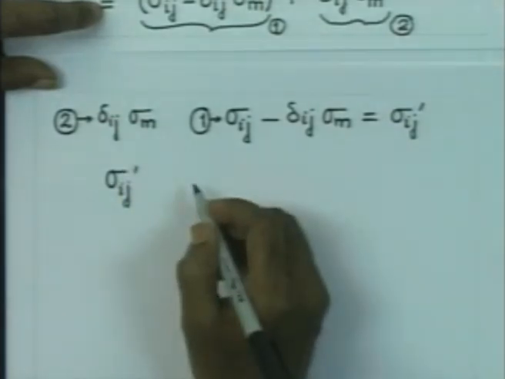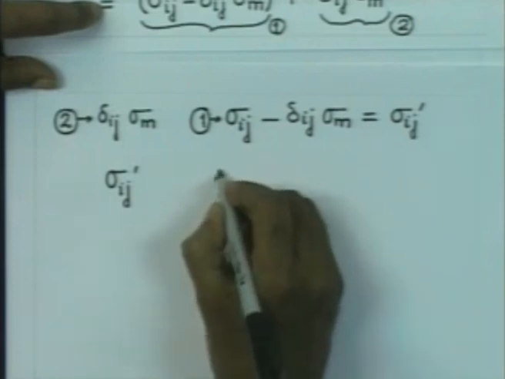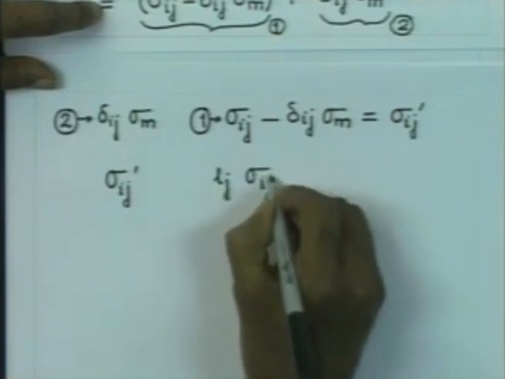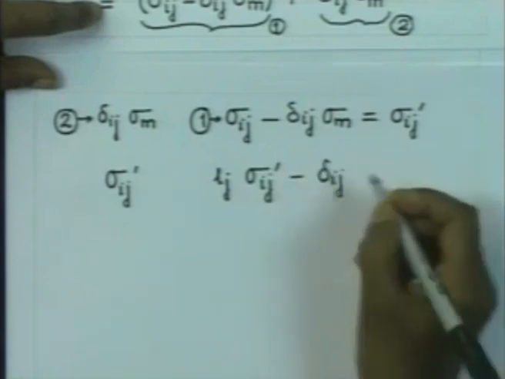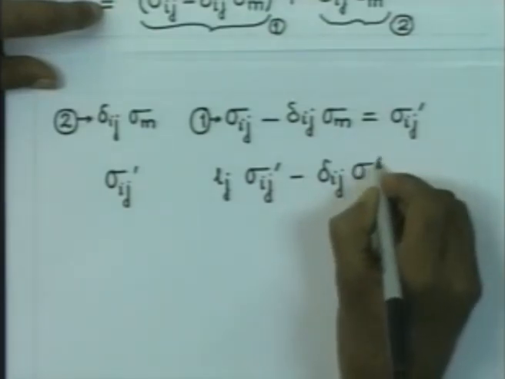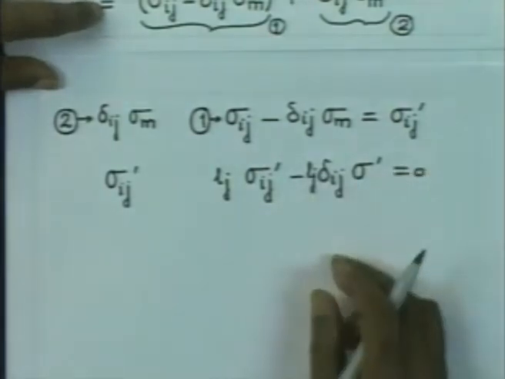If we write the equations involving the principal directions, then in short form it will be like this: lj into sigma ij dash minus delta ij sigma dash equal to 0, following the steps as we have done in the case of the total stress.